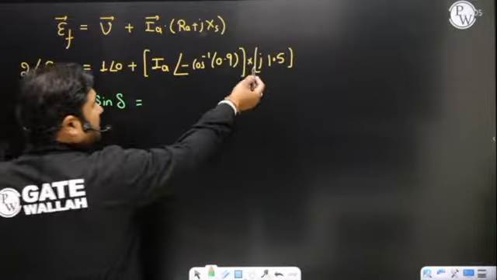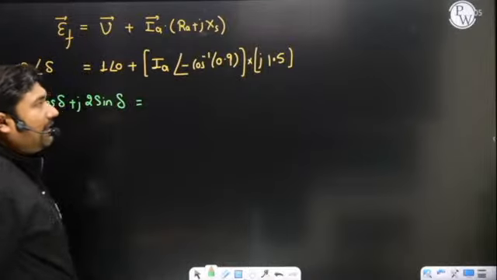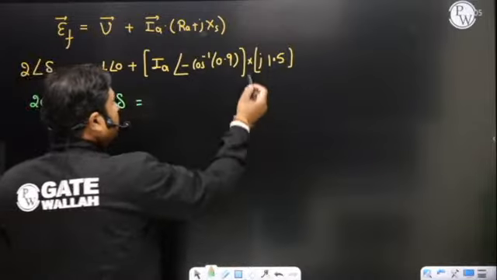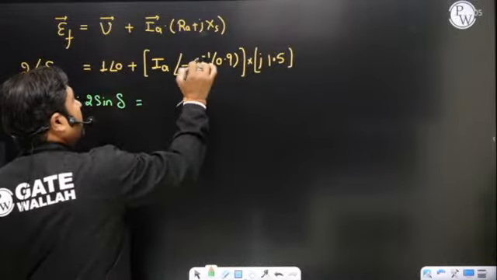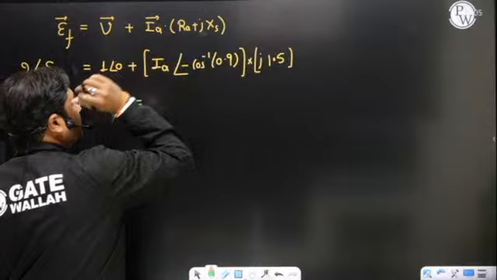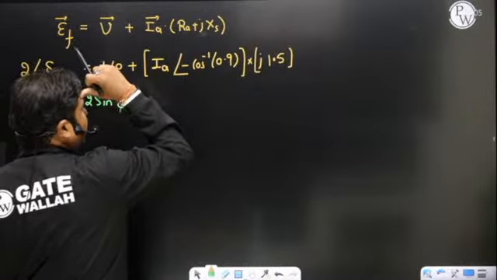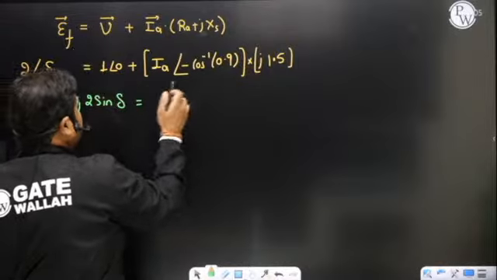What is j? The term j means at an angle 90. So this j 90 is going to be 90 minus cos inverse 0.9. Or you can just put the values here.